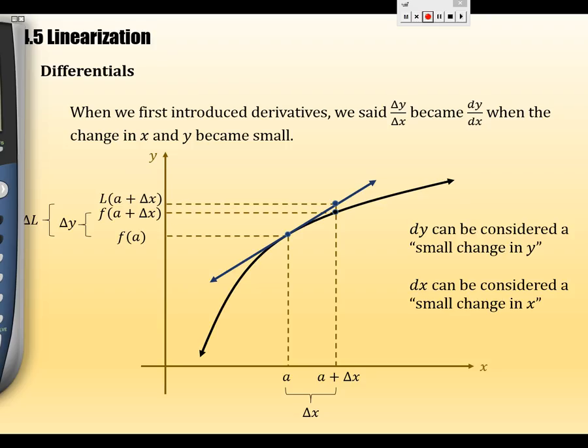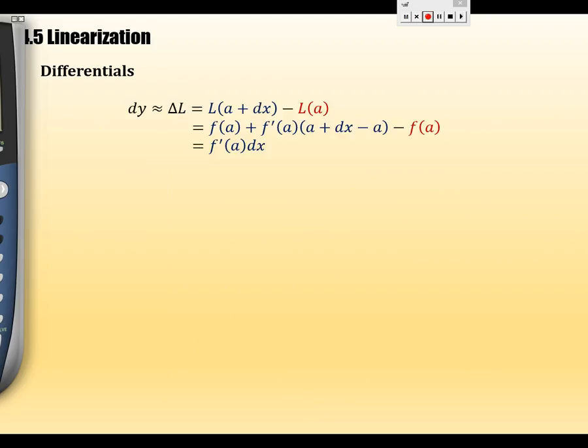How much L changes? Well, L has this value, L of a plus delta x. And at the bottom here, it has the value L of a, which is also known as f of a, right? I'm just going to make that replacement there. So you could have minus L of a, or you could have minus f of a. They're the same thing.